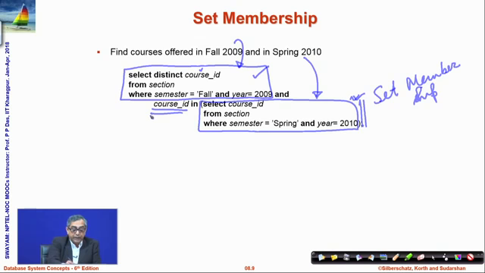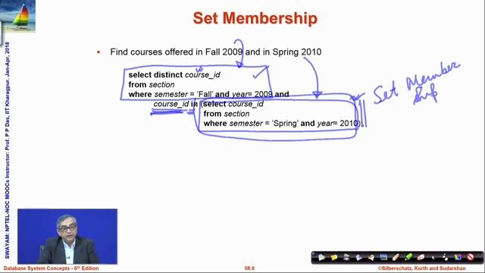I am trying to check whether the course ID which is being selected in the first part exists in, is another keyword, in this particular relation that is specified by the second part of this query, which is courses offered in spring 2010. If the course ID is present, then that course must have been offered in both the semesters.